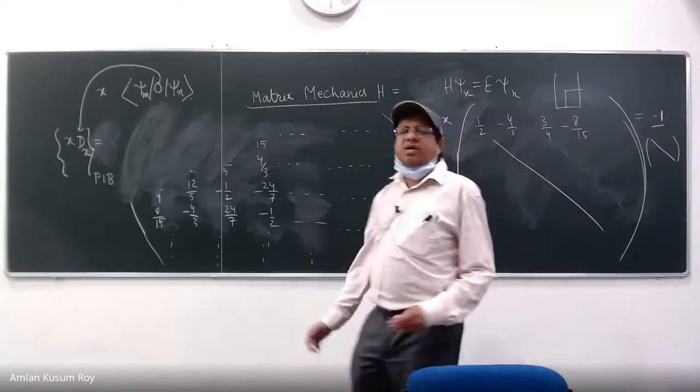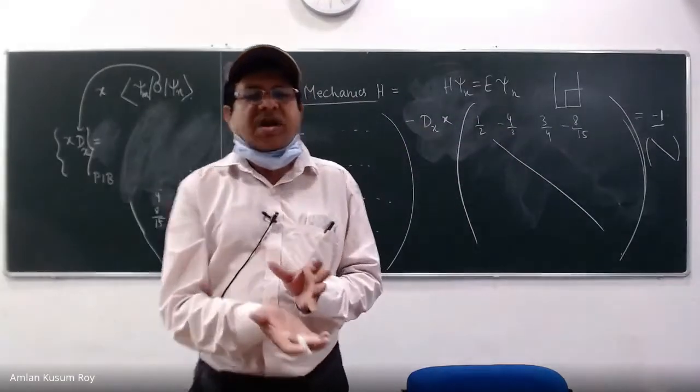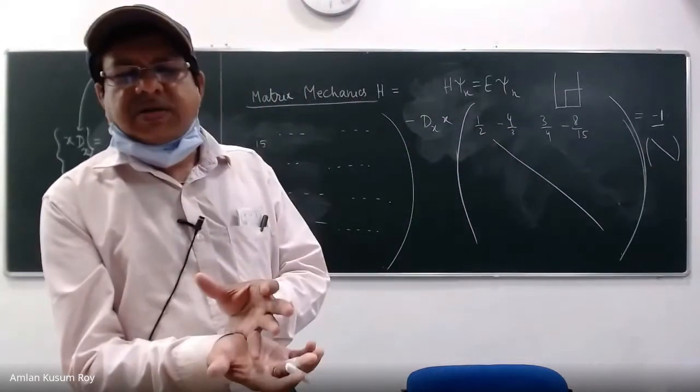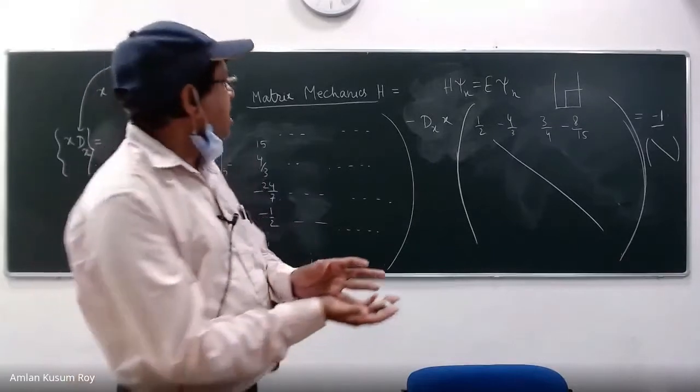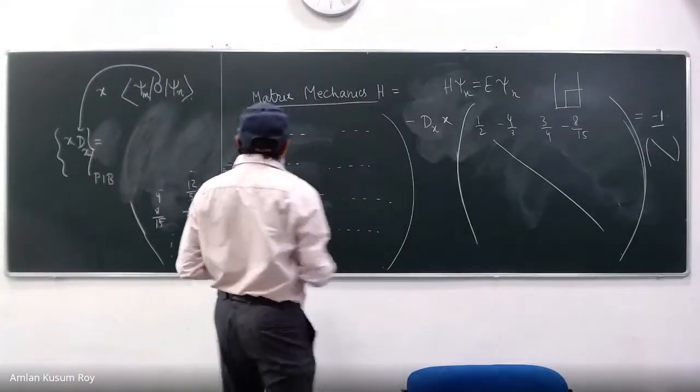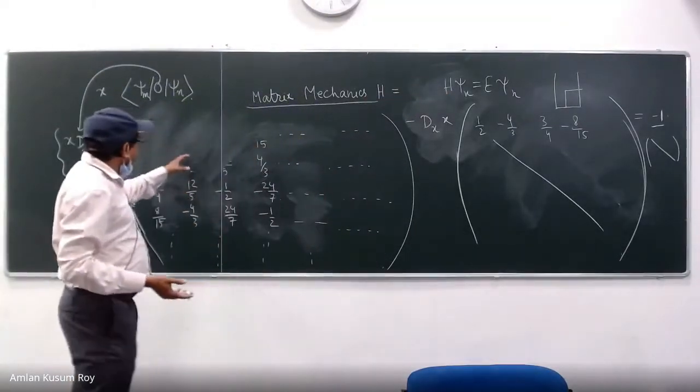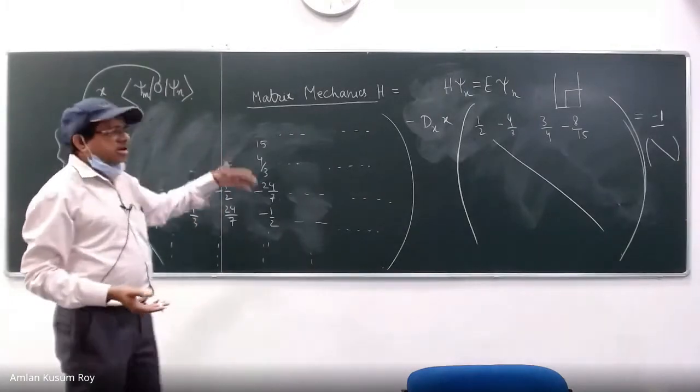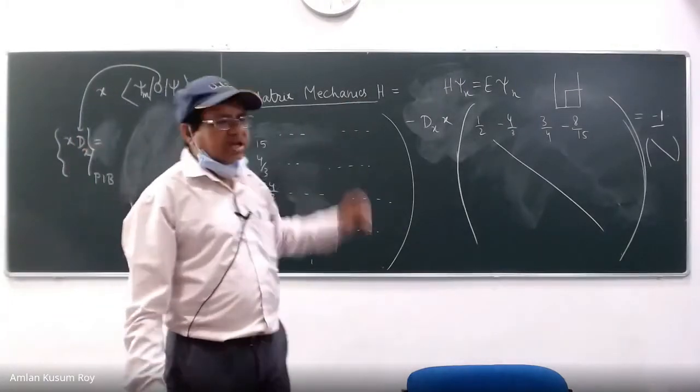It doesn't matter, as long as it comes from the solution of a Schrodinger equation with a complete basis, I can choose that basis also. So my matrix elements will be all very different because the basis has changed.